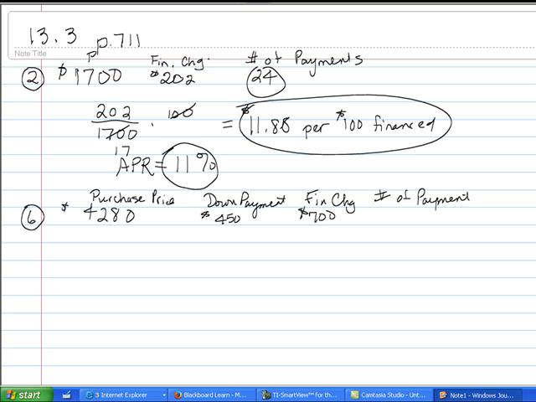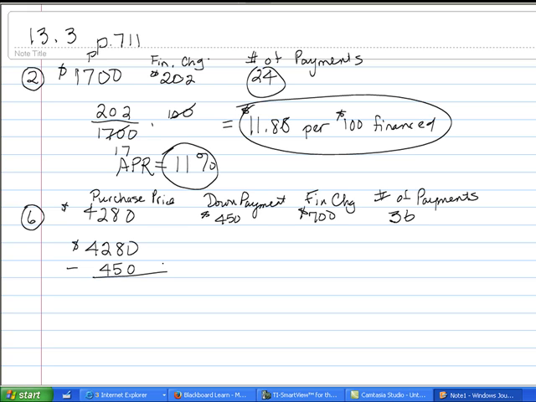So our purchase price is $4,280, and we have a down payment of $450. Okay, so $4,280 minus $450 gives us $3,830. So that's the amount financed.